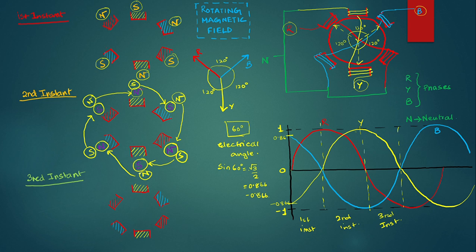Now let's see if this consideration or this theory applies to the third instant or not. If this applies to the third instant, that means this theory actually works, because we cannot deduce a theory from just two instants, right? So here the previous instant was north, right?